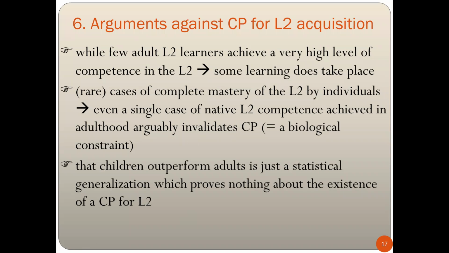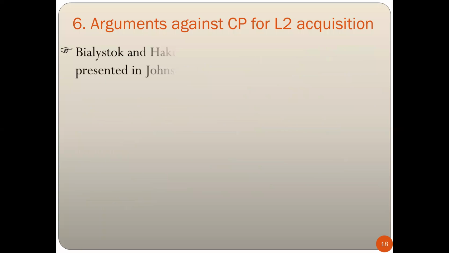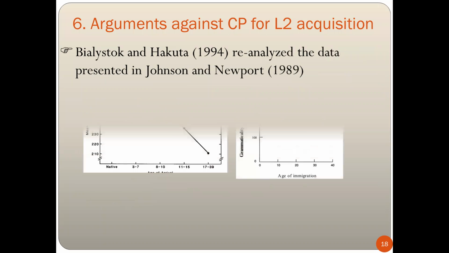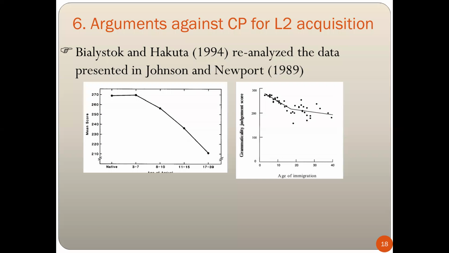The other thing that they say is that, yes, it's true that statistically children outperform adults, but it doesn't prove anything. It's just a statistical generalization, and it proves nothing about the existence of a critical period. Now, this is a bit technical.